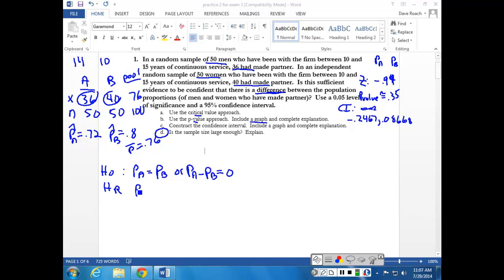And then since it's a two-tailed test, we want to know if there's a difference, just PA not equal to PB. So we will reject H0 if the z-test is greater than, and for 0.05 on a two-tailed test, you should see 1.96.